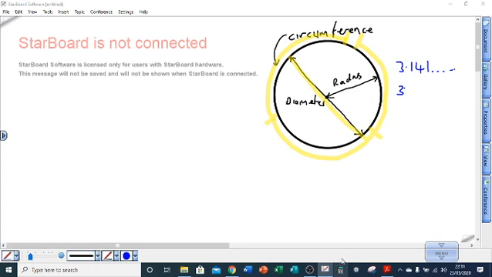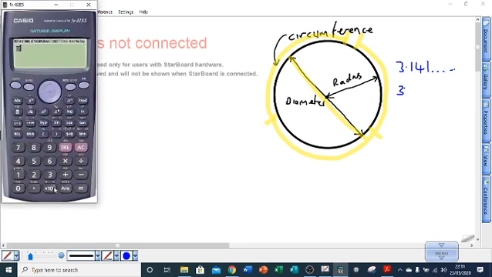Shift pi equals gives 3.14159 dot dot dot. Even the calculator has to round it up here, because this is what's called an irrational number. It goes on forever and there's no recurring pattern to it. So even the calculator had to round it off here, and that's quite accurate.